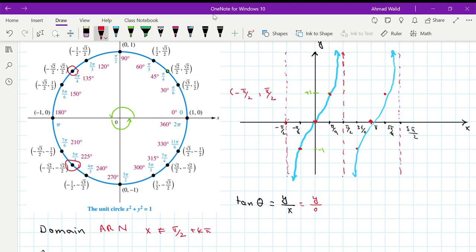And from negative pi over 2 to pi over 2, it's only 1 pi, correct? But the graph starts from negative pi over 2. Half of the period is on one side of the 0, half of the period is on the other side of the 0. Later, when we do transformation, I'll explain to you how to choose your period, how to mark your period.